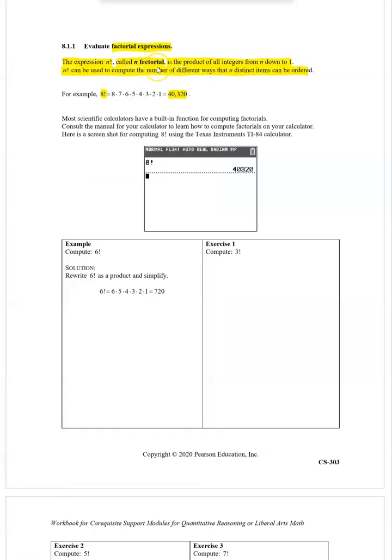Okay, so we can continue to look at our worksheet. Here is just talking about our calculator. We talked about it. I'm done with that. Let's talk about 6 factorial. We could rewrite it as 6 factorial equals 6 times 5 times 4 times 3 times 2 times 1, which is 720.